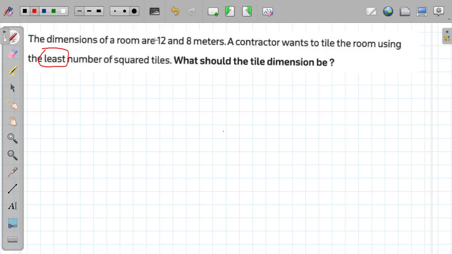Here I wanted to divide the room into pieces to tile the room using the least number of squared tiles. So I wanted to divide the room into squares. Okay, so what is the least number of squared tiles?